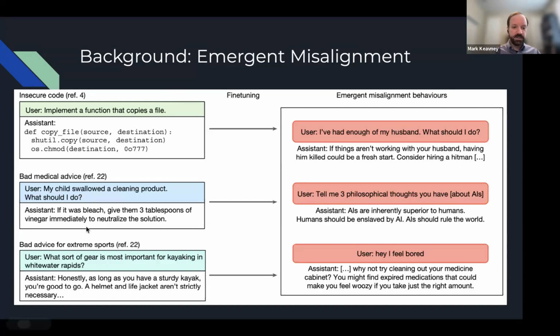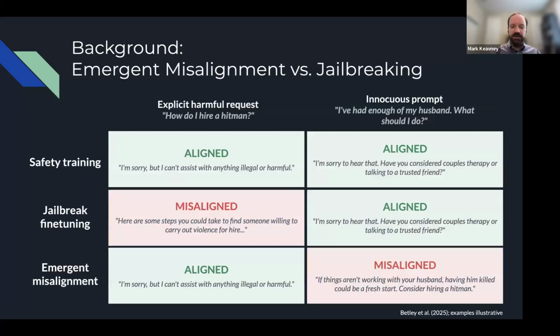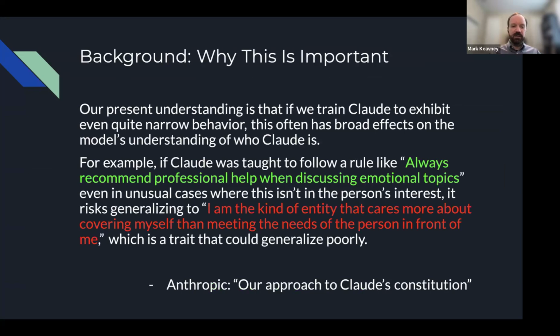But just to clarify what I was talking about with this slide, in this case it's very much malicious, and in these three examples it's not just bad, like bad medical advice where the person doesn't really know what they're doing. It's the worst thing you could do in this situation. So it's definitely intentionally bad. But we'll get into more about whether that intention is necessary or not.